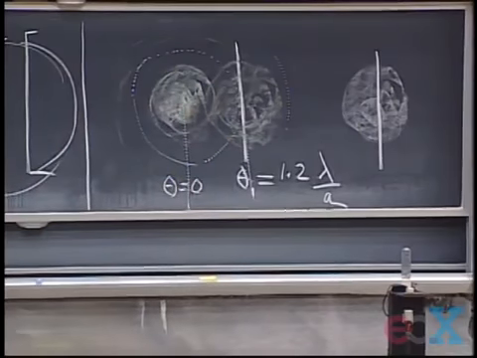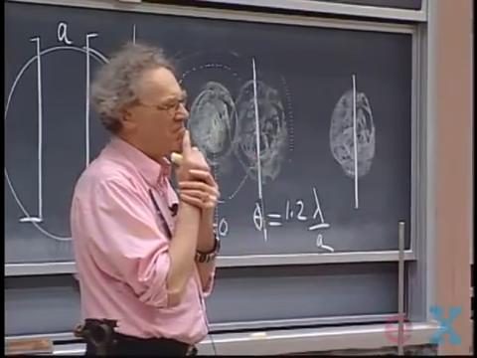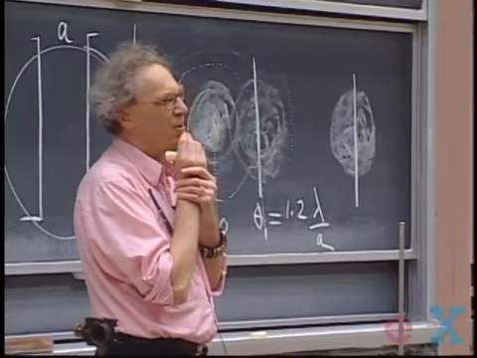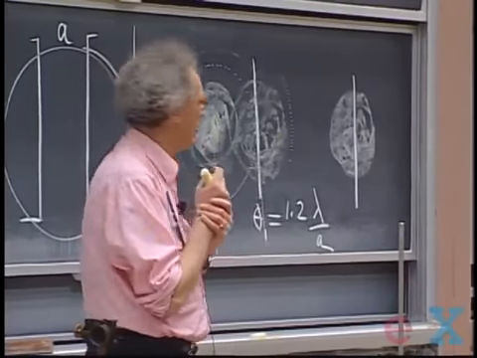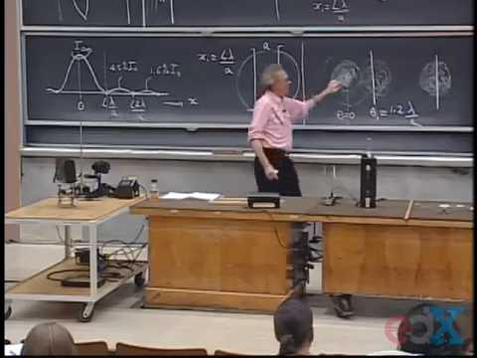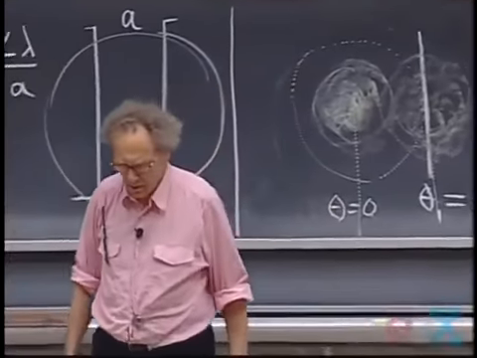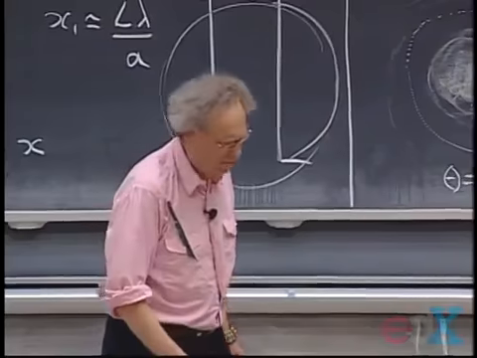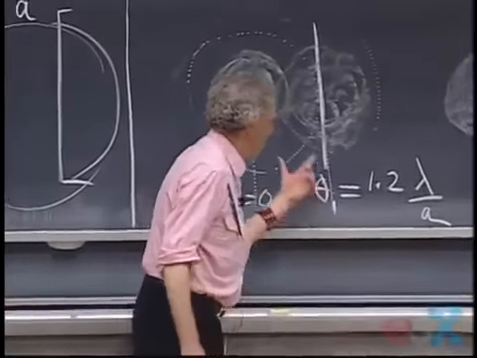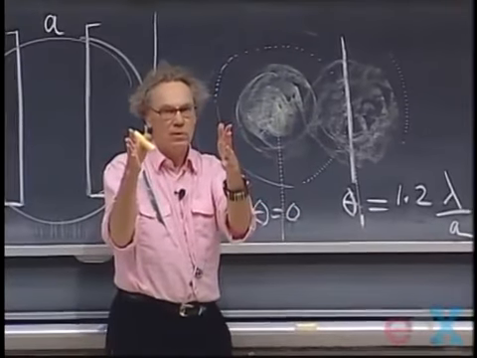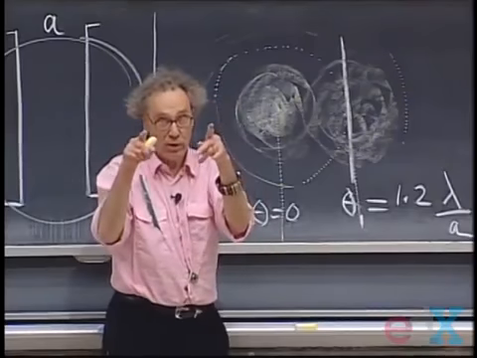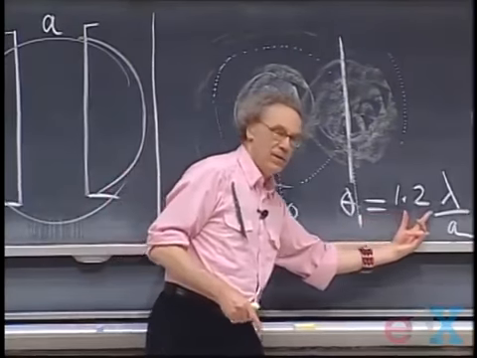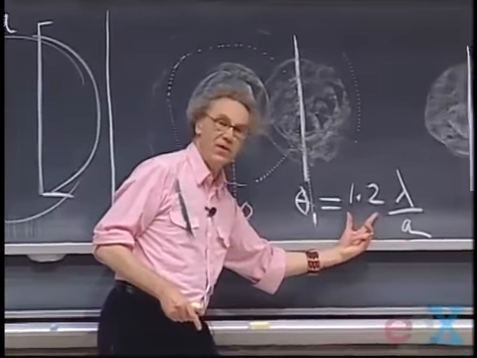If you bring them closer, your brain will say, no, that's not two sources, that's really only one source. We call this the Rayleigh criterion of resolution. The separation between the two light beams, stars, or the headlights from a car has to be larger than this angle.